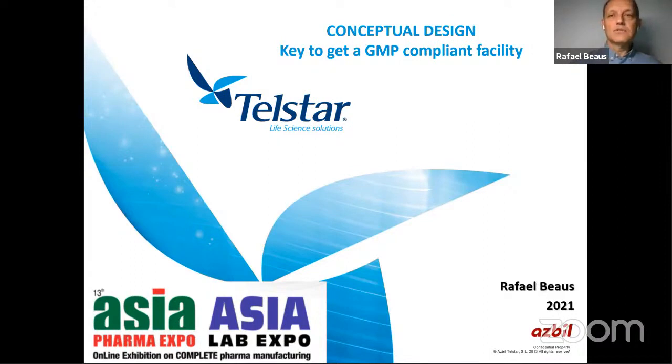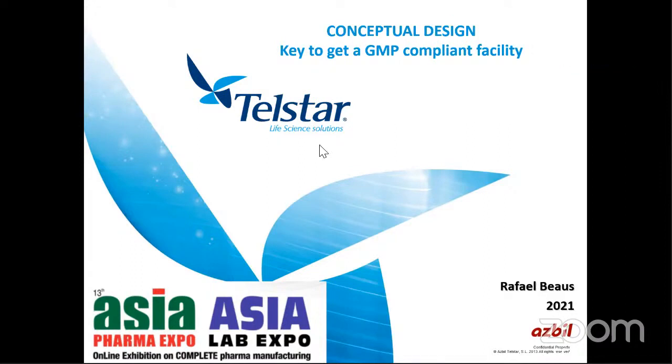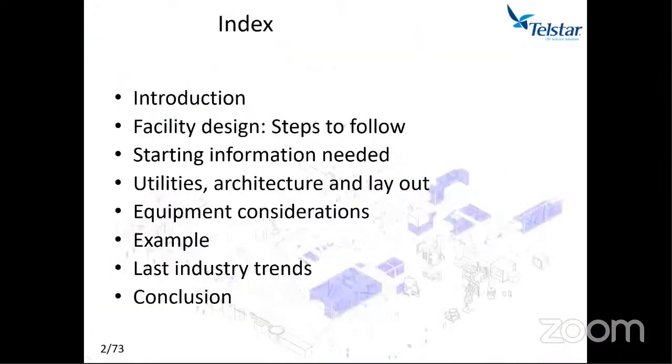I'm going to stop the video so that quality goes better. Okay, after a brief introduction, we're going to talk about the steps to follow in a facility design, what information is needed to do a good design, some comments about utilities, architecture and the layout, and equipment considerations.